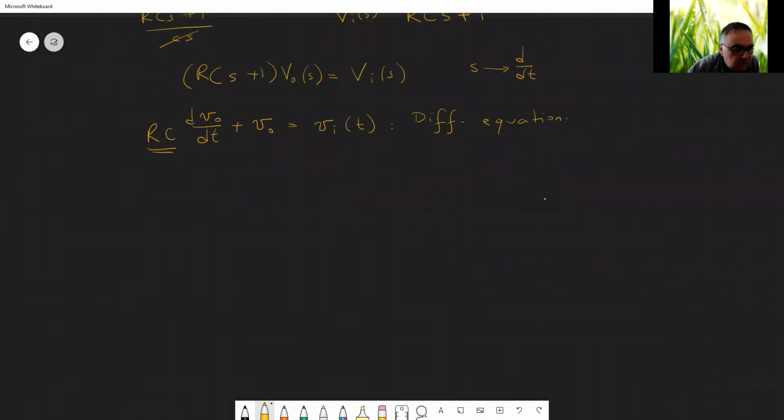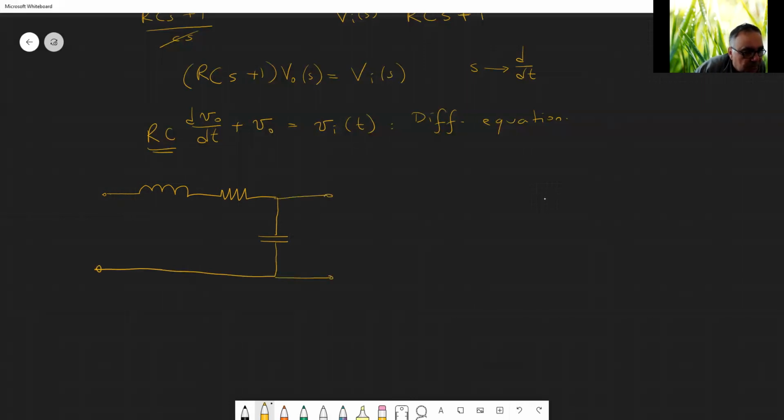Let me give you another example, a little bit more complicated. Now, a more or less similar system, but this has an inductor in it. Let's see what happens to this system now.